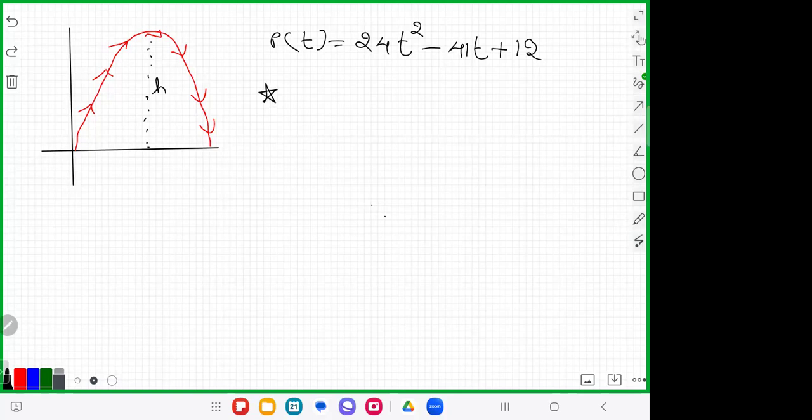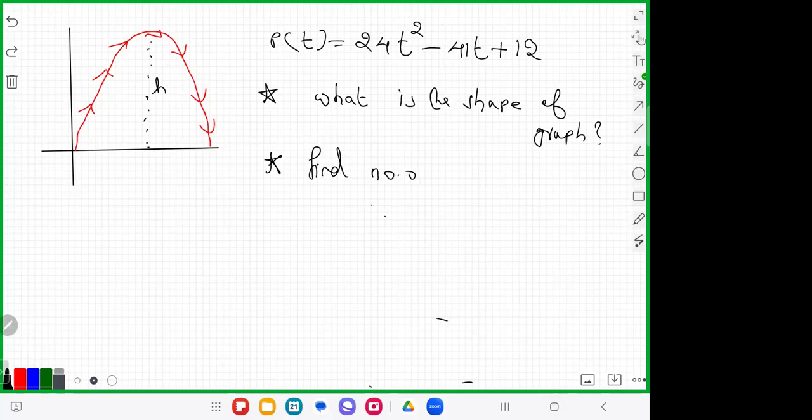The first question is, what is the shape of the graph? The second question, find the number of zeros. Third question, find the zeros.